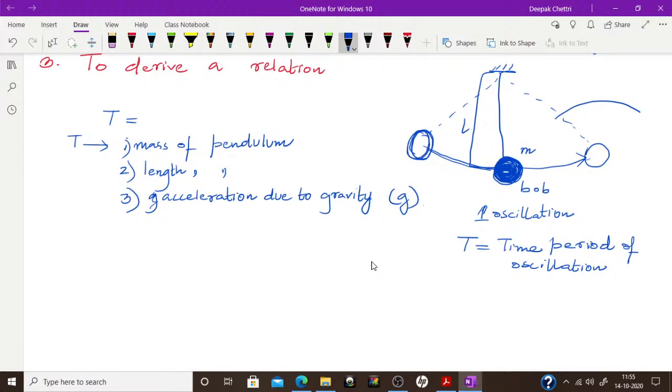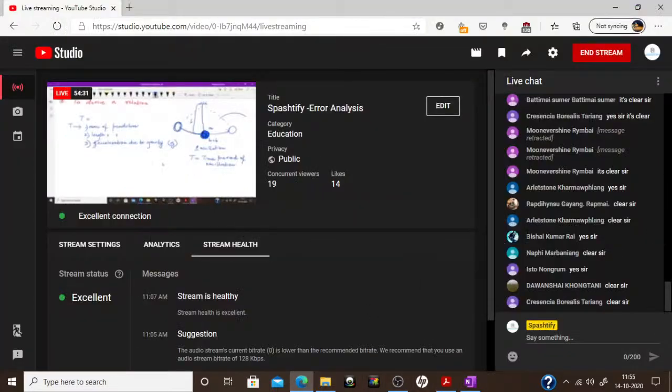So your time can depend on these three things. One is the length of the pendulum, another is the mass of the pendulum, and last is the acceleration due to gravity. Is it clear so far?